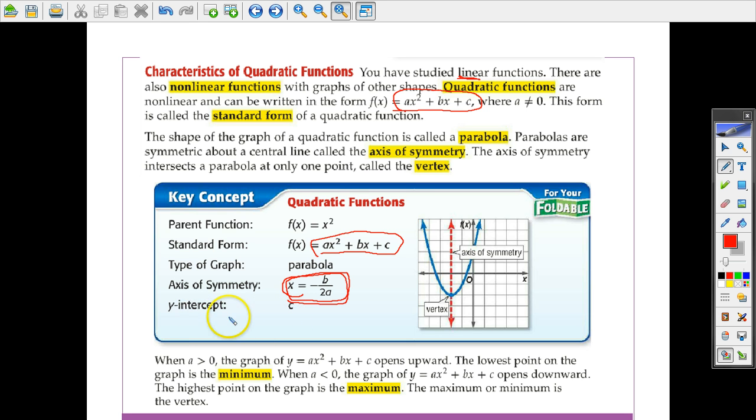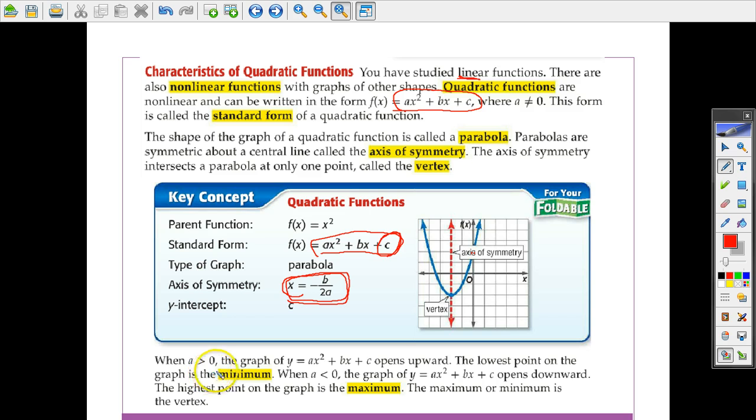The y-intercept. Okay, the y-intercept is where it intercepts the y. Intercept means meet. So where does it meet on the y-axis? That's going to be the c that you see here. That number added at the end of this standard form is where it meets the y.